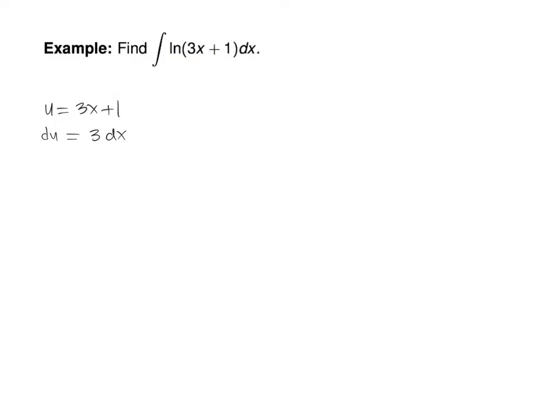So after your substitution, this becomes 1/3 integral natural log of u du. And then you can use the result from example 4. What's the antiderivative of natural log u? U instead of x, right? So u ln u minus u, and then the plus c can just hang out on the end.